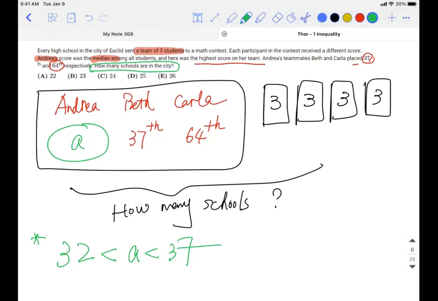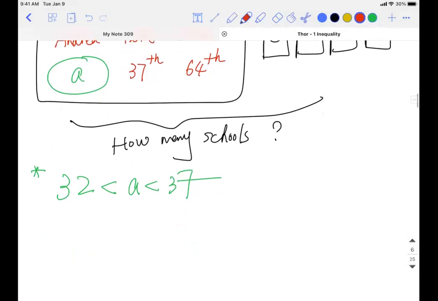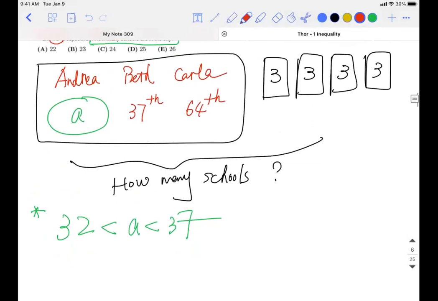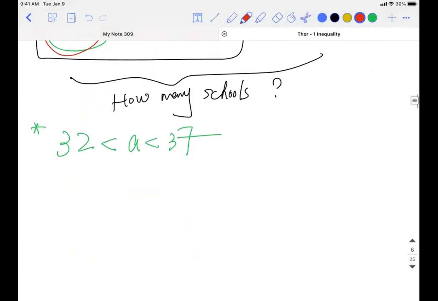I think Yan and Alex already give us a very big direction. So basically, let's say Andrea has position A, right? Just like Alex mentioned, Andrea is right in the middle. She's the median.